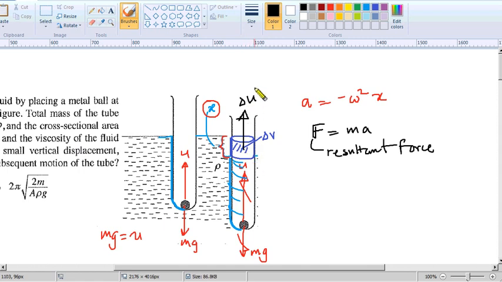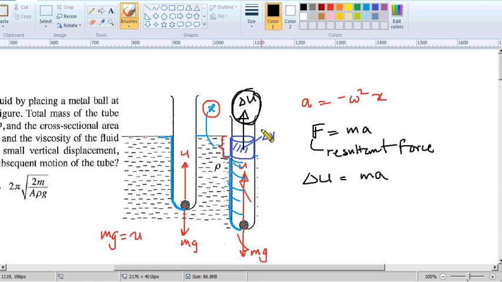So this one is the resultant, because these two cancel each other, and still this one is available. So directly we can take delta u for this equation. Here delta u equals ma, because this one is the resultant upwards.